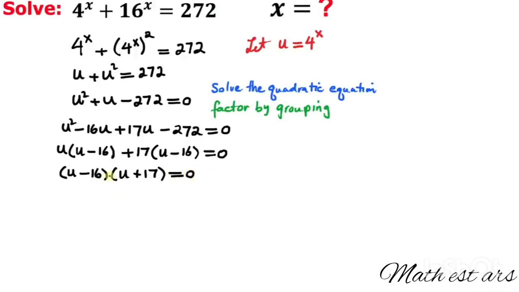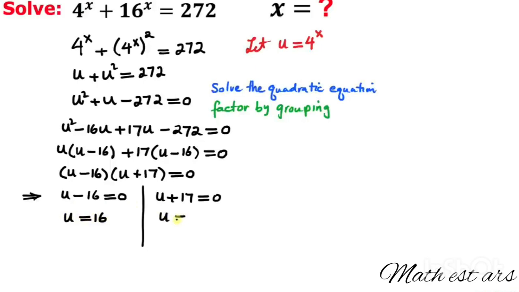Now let's separate these two factors since they are equal to 0. I can write u - 16 = 0, and the other one is u + 17 = 0. That means u turns out to be positive 16, and on this side u turns out to be negative 17.